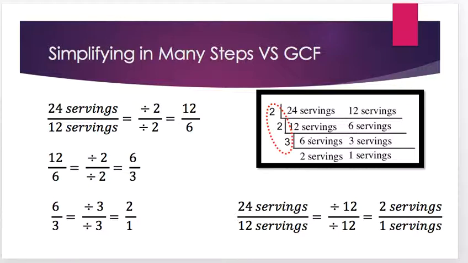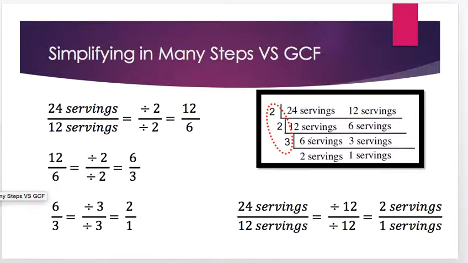When I divide 24 by 2, I get 12. 12 divided by 2 is 6. But 12 over 6, or 12 to 6 as the ratio, is also not in simplest form. It still has a common factor in the numerator and the denominator. So again, I can take 12 over 6, divide by 2 in the numerator, divide by 2 in the denominator, and get the fraction 6 over 3.